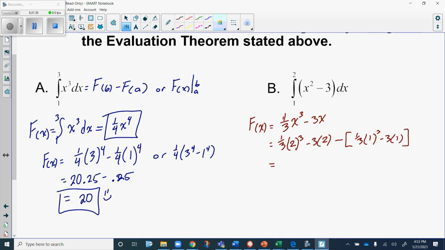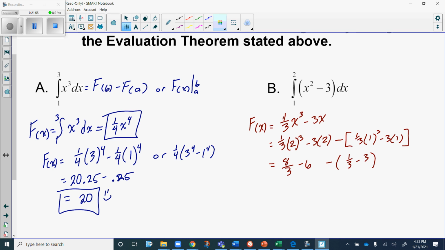Here we get 8/3 minus 6, and then minus, inside the brackets, 1/3 minus 3.